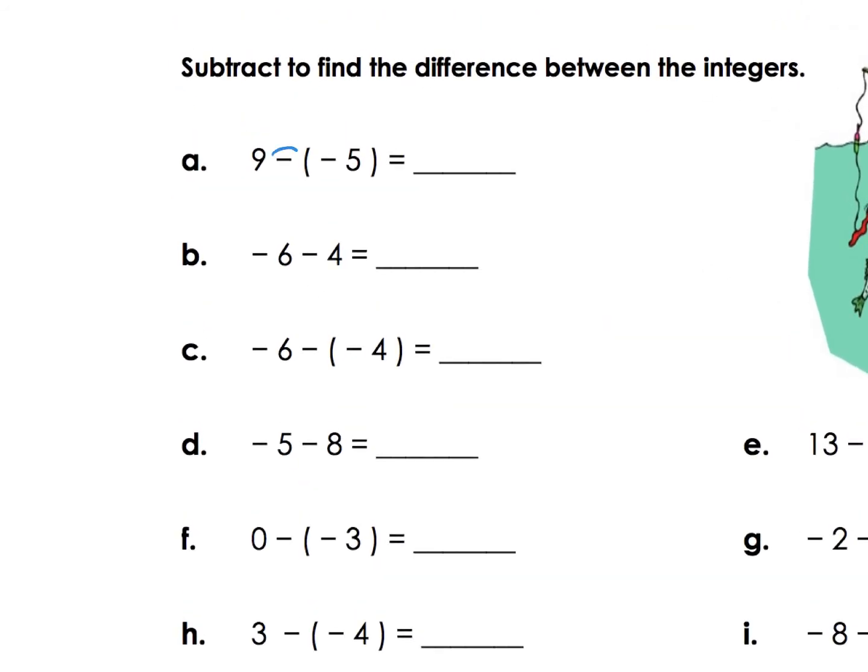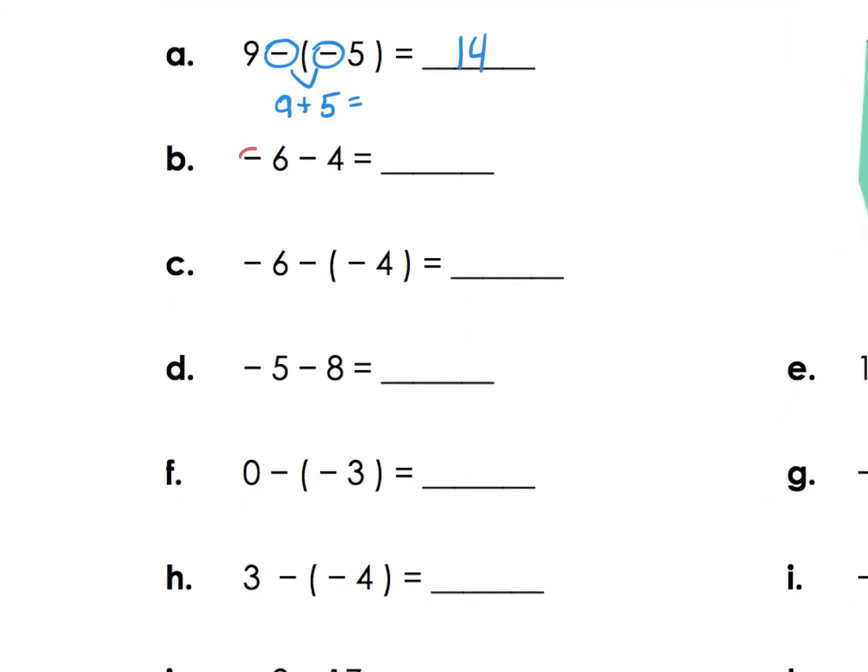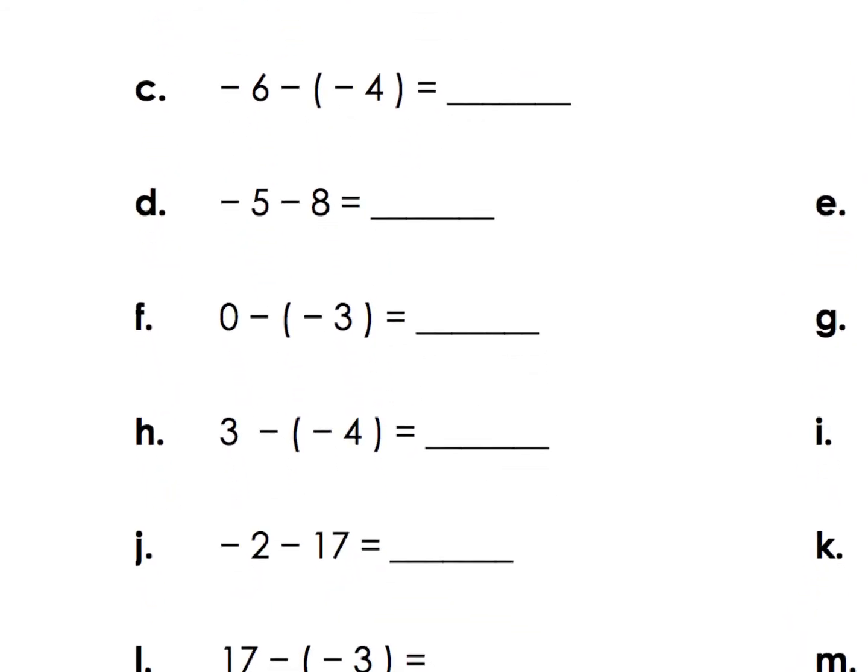So remember, a negative and a negative give me a positive. Make that little face there. You should have gotten 14. Here, same signs are sad, so we add. 6 plus 4 gives me 10, and I keep that sign. Here, I have a negative and a negative.